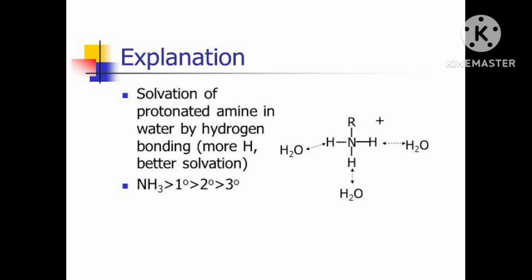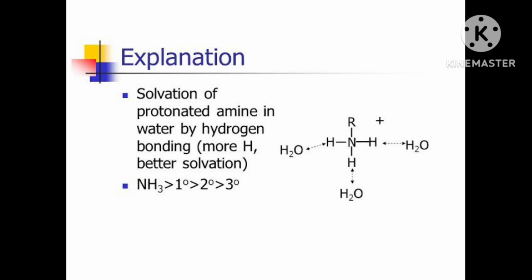This is actually formed when the amines get stabilized due to dispersal of positive charge by the plus I effect of the alkyl group. When an alkyl group is attached, the plus charge is dispersed and it becomes stable. But in case of ammonia, this does not happen. Hence the alkyl amines are stronger bases than ammonia.